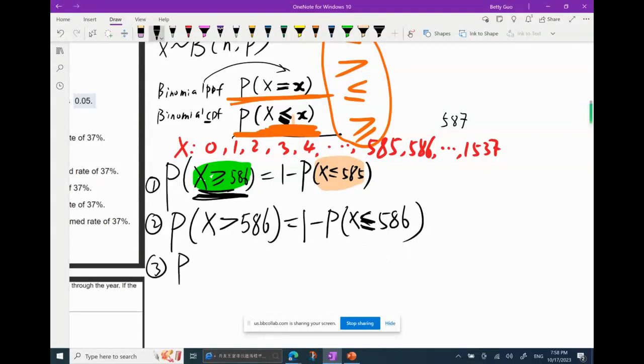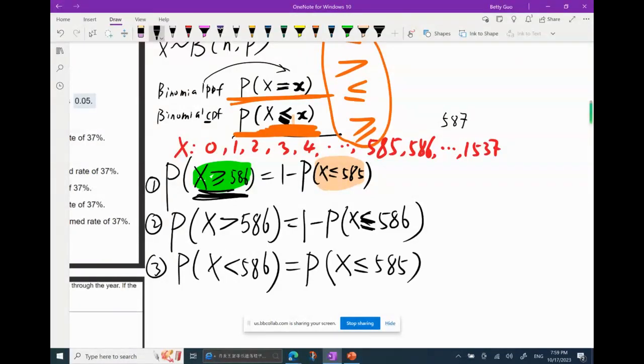So what if the inequality that represents the event is x strictly less than 586? Then you don't do a complement. You are going to adjust this strictly less than to less than or equal to. How? We're going to do x is less than or equal to 585. You see what I'm talking about? Strictly less than 586 means at most 585 because x only assumes whole numbers.